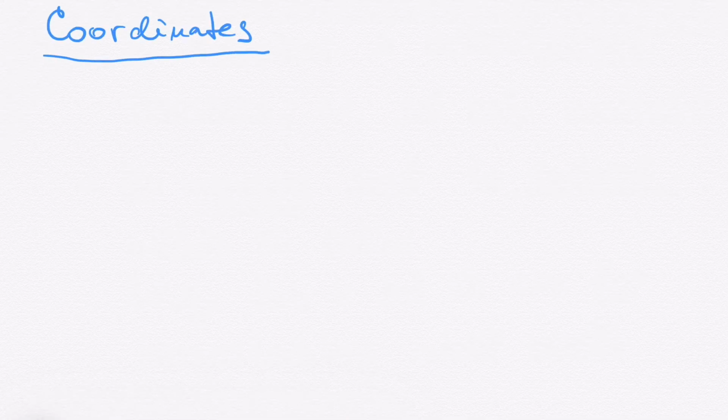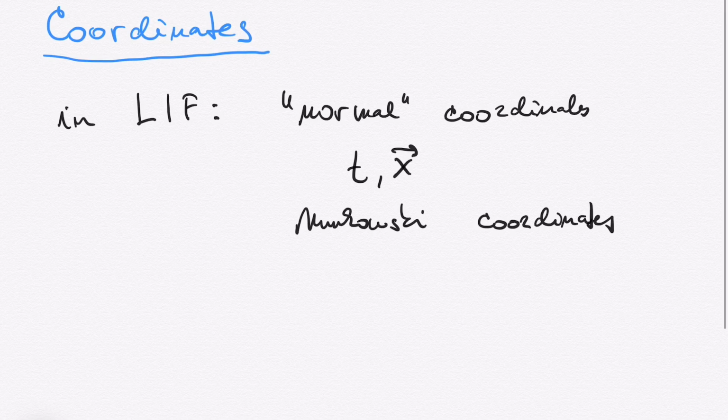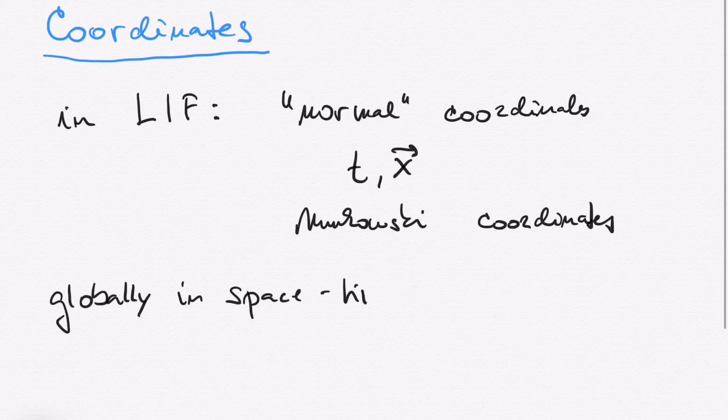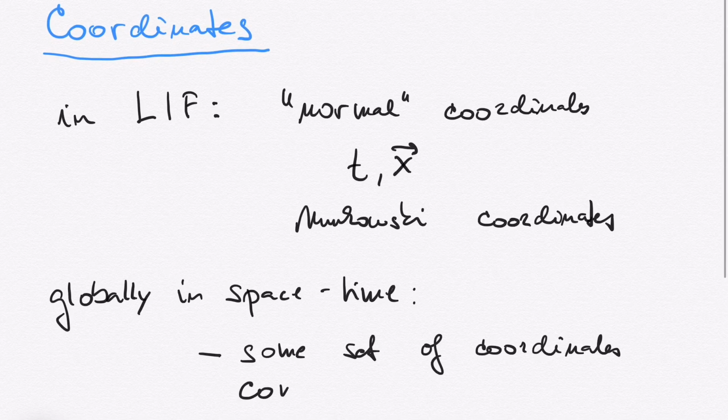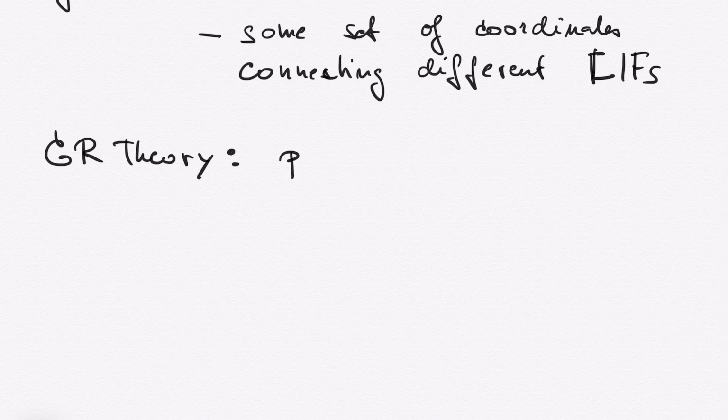We will introduce coordinates. In local inertial frames, the coordinates which we introduce are normal. We call them Minkowski coordinates because there's time and there are spatial coordinates. Now globally, in the whole space-time, we introduce a set of global coordinates which connect the different local inertial frames.